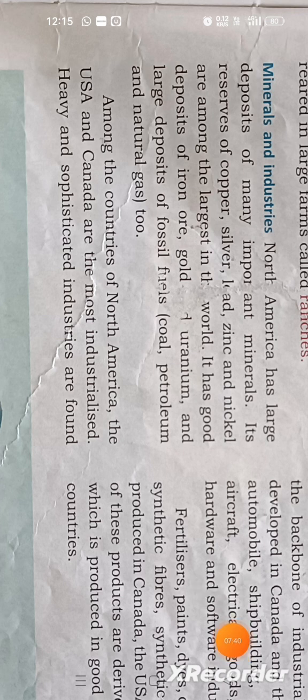Among the countries of North America, USA and Canada are the most industrialized, and people use heavy and sophisticated machines in these countries. And the iron and steel industry is the backbone of these countries.